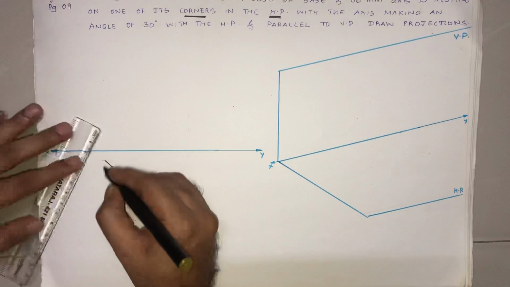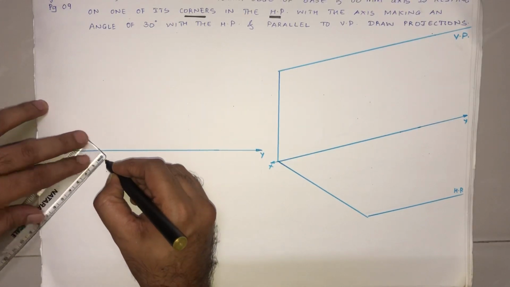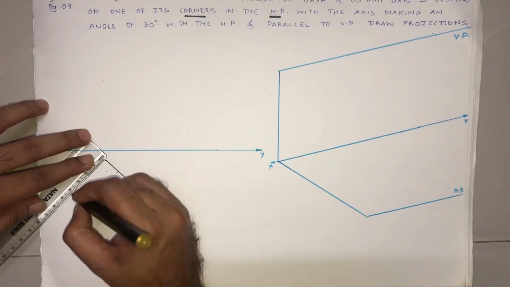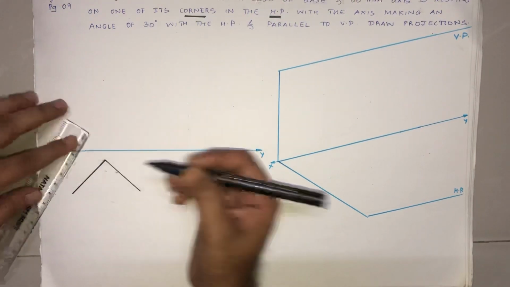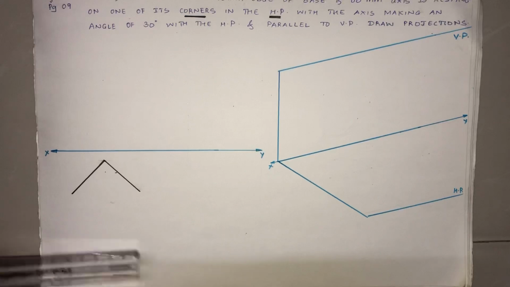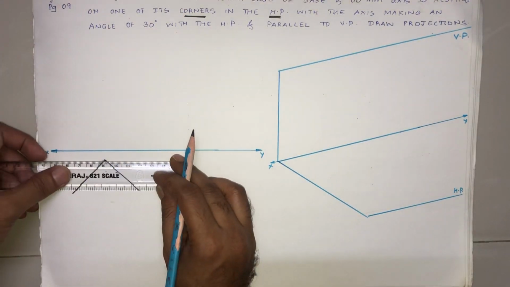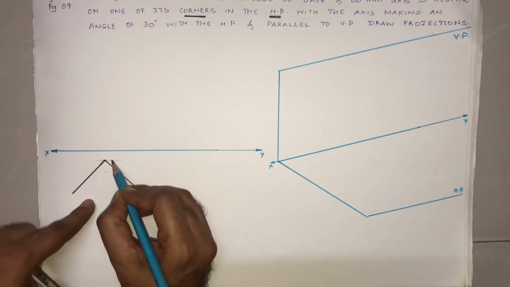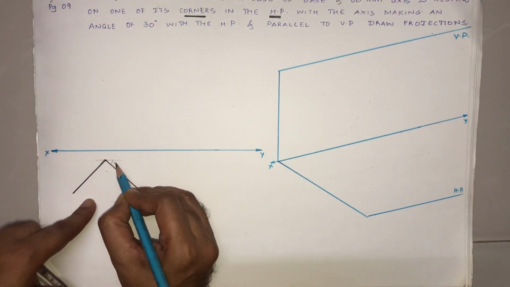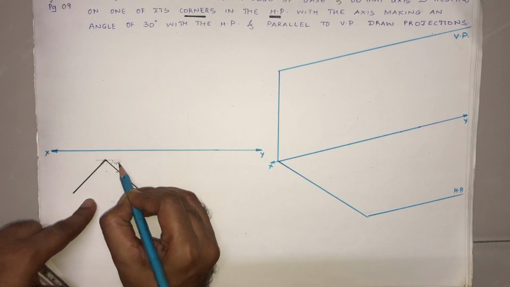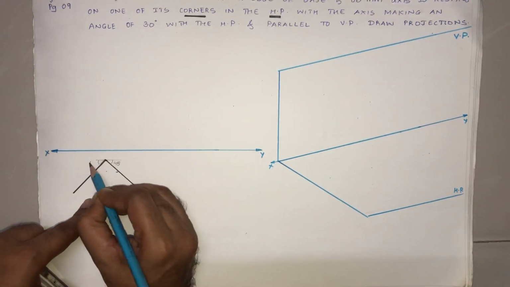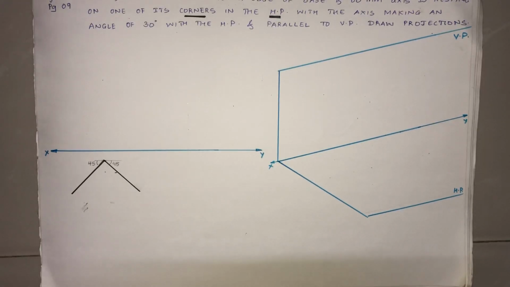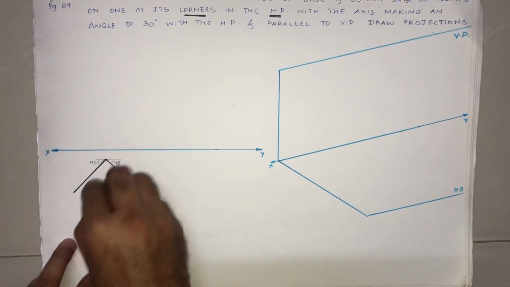I'll just tell you what exactly I have done here. I have drawn two edges. Here, I'll just show. If you have a protractor, it is going to be very simple. You have to draw a construction line, and you have to take 45 from here. You have to take 45 degrees from here, like this. All right, I just erase this.